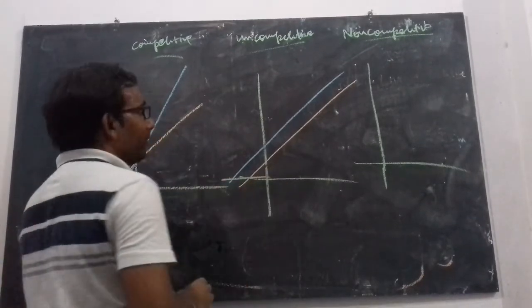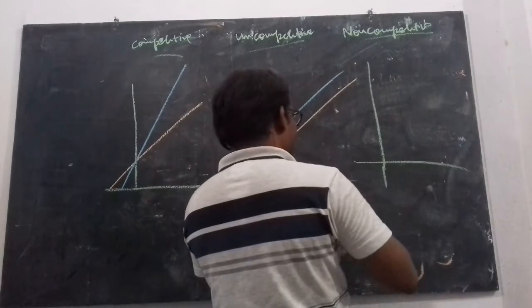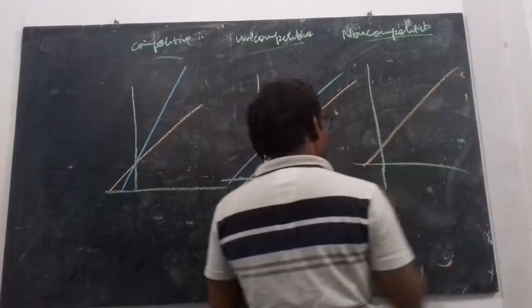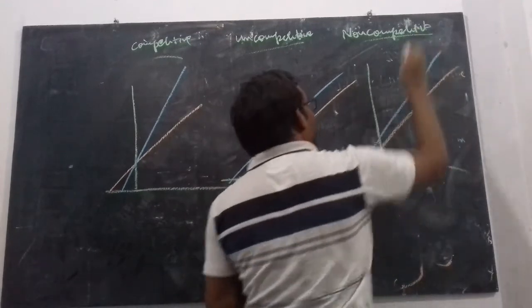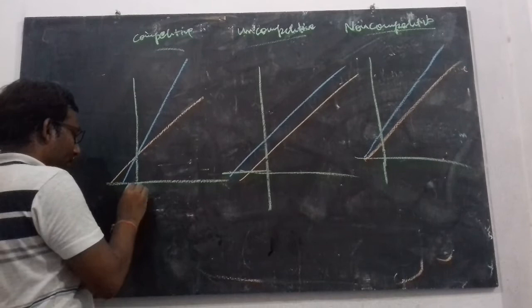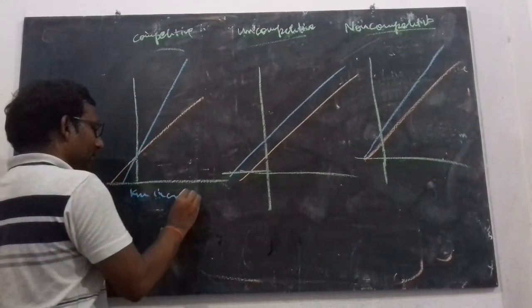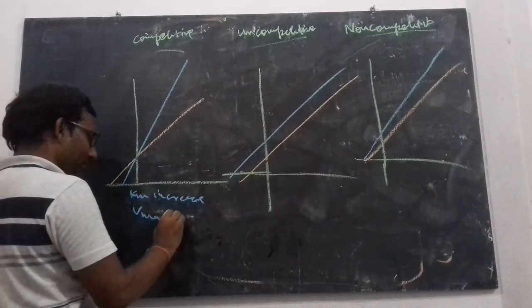Just now I have told you. And in case of non-competitive, without inhibitor is like this. In presence of inhibitor it is like this. So here you can clearly see Km increases, Vmax unchanged.